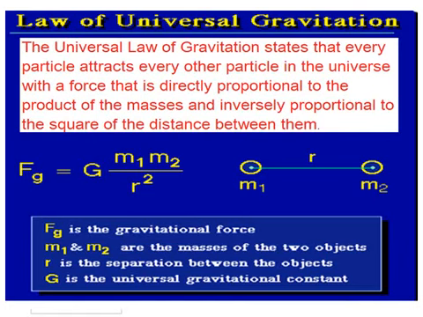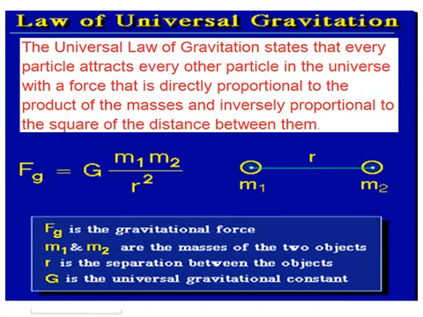So he said it is a force, and this force is directly proportional to the product of their masses. If you consider m1 and m2 as the masses of two bodies, then the product of the masses is given as m1 m2. So the force is directly proportional to the product of their masses and inversely proportional to the square of the distance between them. If they are separated by a distance r, then it is inversely proportional to r square.